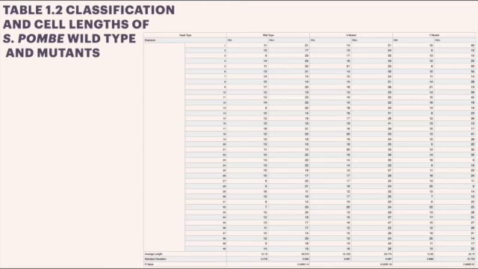set of data. For the wild type, we have the average length at 12.5 for the HU minus and 18.575 for the HU plus. And we have the p-value at 3.434 times 10 to the negative 14.